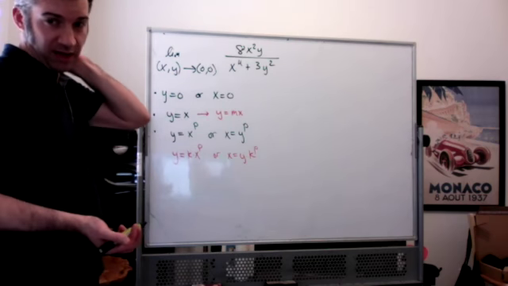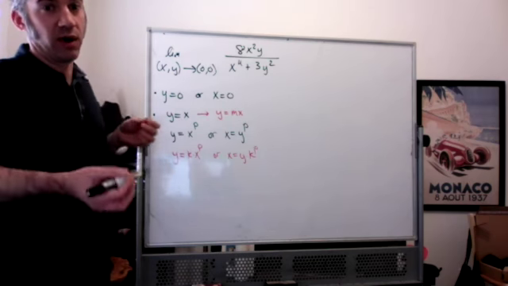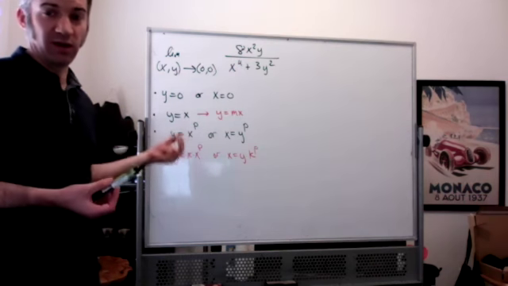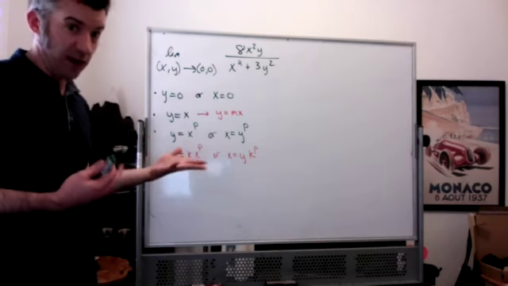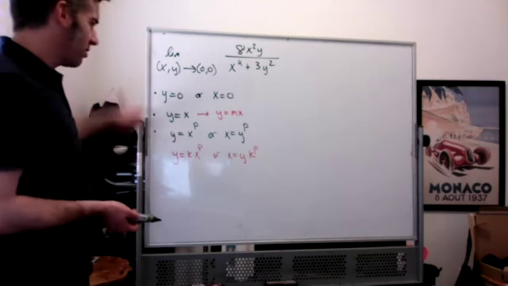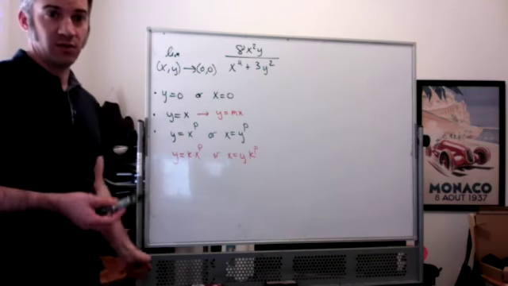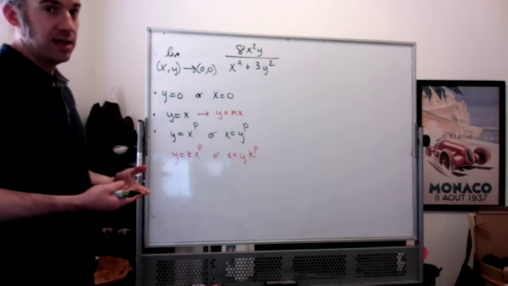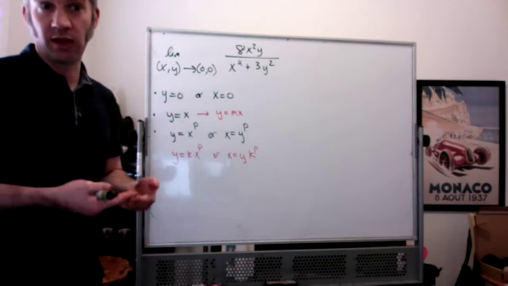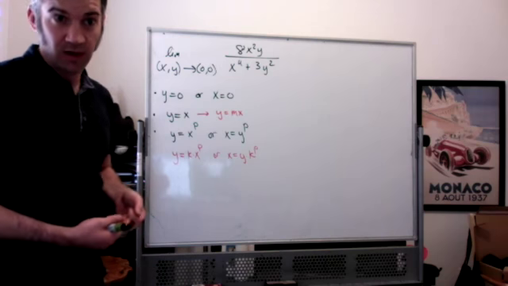So typically, we try to limit ourselves to things where no matter what values you're plugging in for x or y, you're still defined. But these are the most common choices for paths that we try to utilize, typically to show that the limit does not exist.